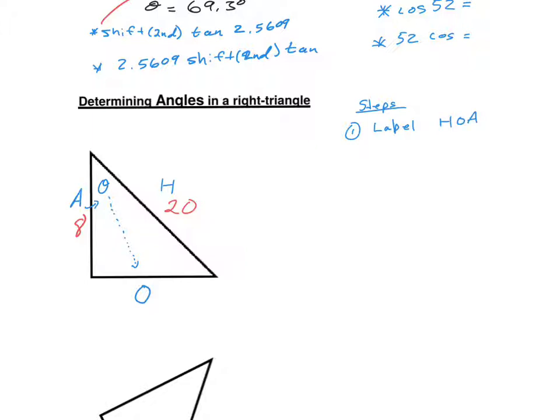First, you're going to label H, O, and A on your triangle. And remember, these are in relation to angle theta. Second step, you're going to write SOHCAHTOA.